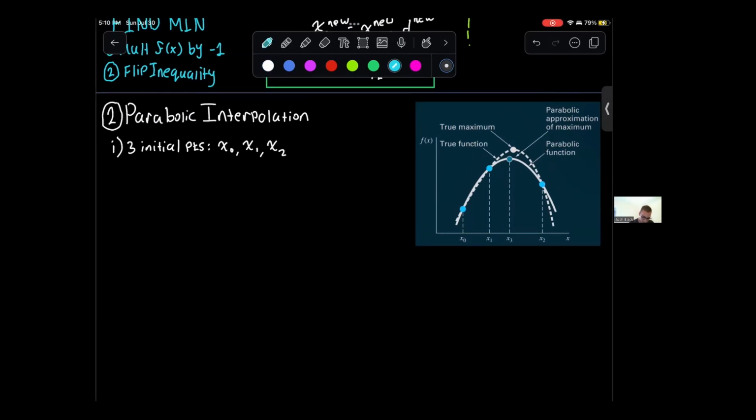Now, we're looking at this picture here, my x0, my x1, and my x2. I now have to find my x3. x3 is a very large equation.